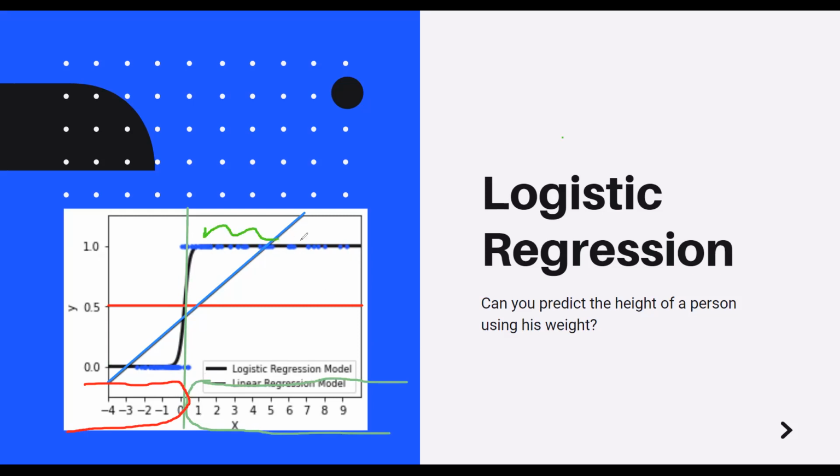All of these samples are correctly classified. These 3 samples are mistakes. These 2 samples are mistakes. And all of these are correctly classified. Did you get it?